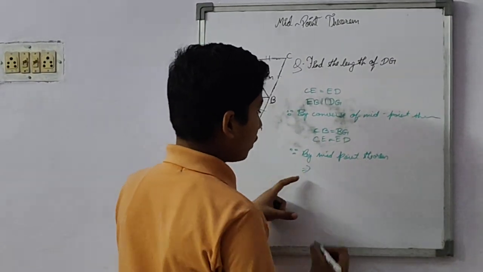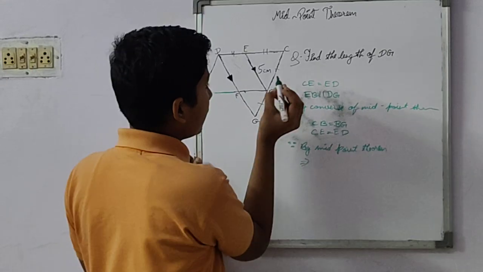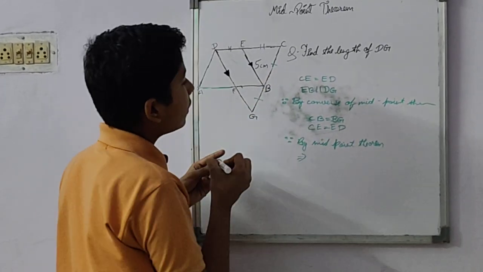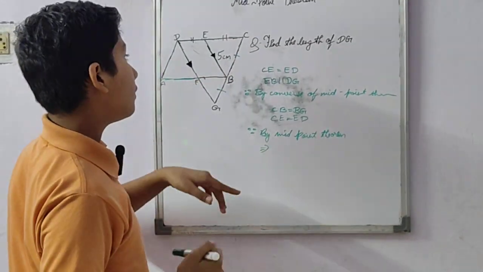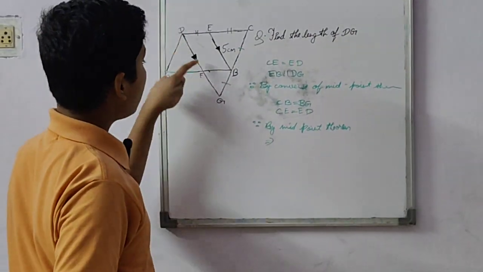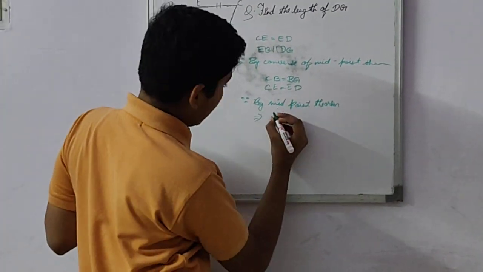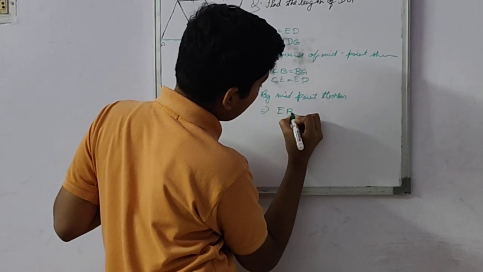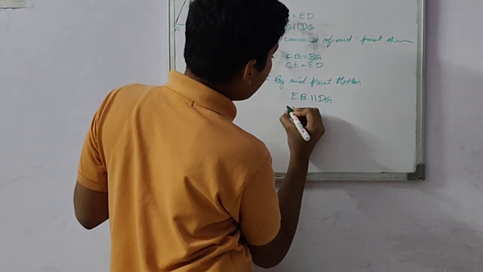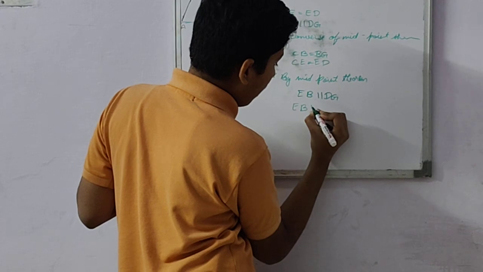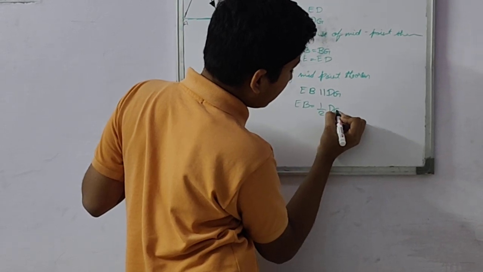So now according to the midpoint theorem, a line joining midpoints of any two sides of a triangle is parallel to the third side and half of it, which means that EB is parallel to DG and EB is equal to half of DG.